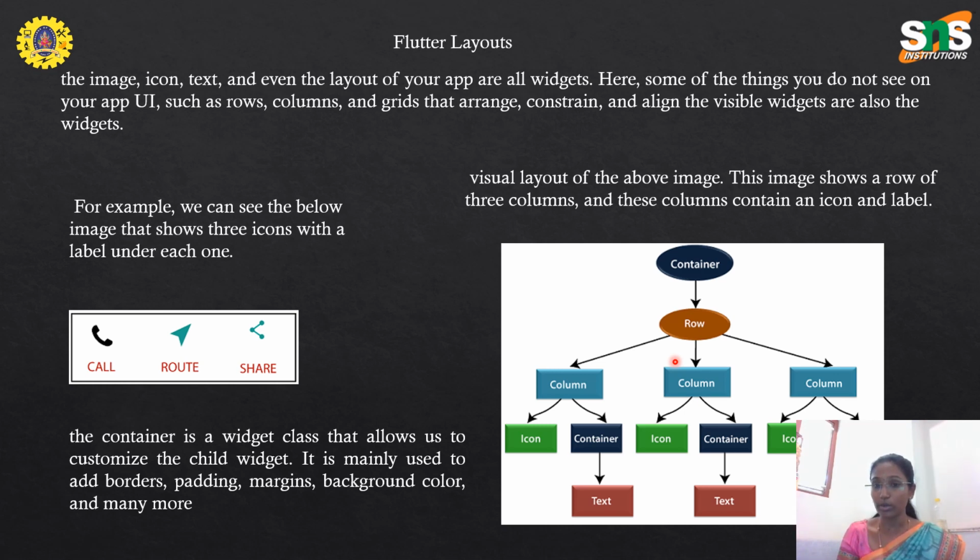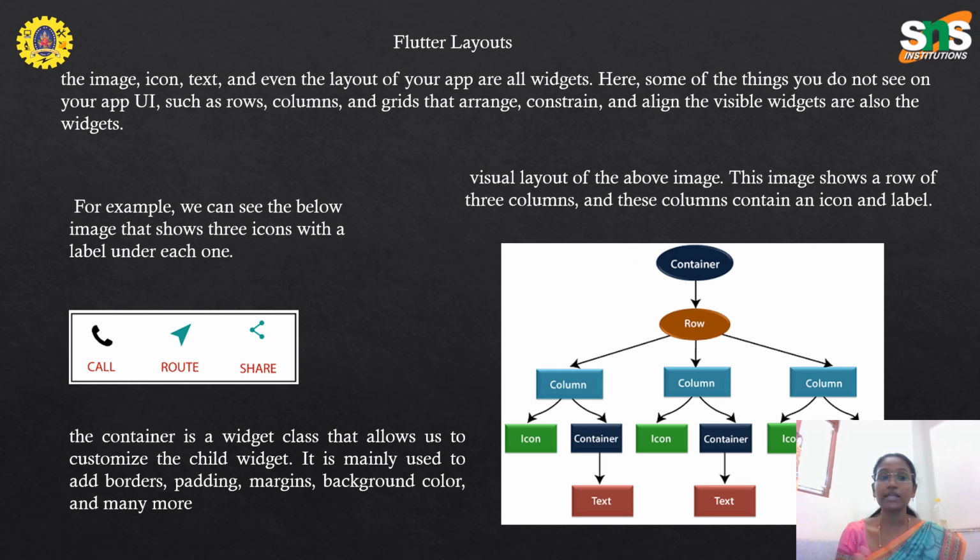First we create a container, next we create a row, and after that a column, and after the columns an icon on the screen. This is the padding, this is the row. After that I create columns, and in each column I place icon images like call, routine and share on my screen.